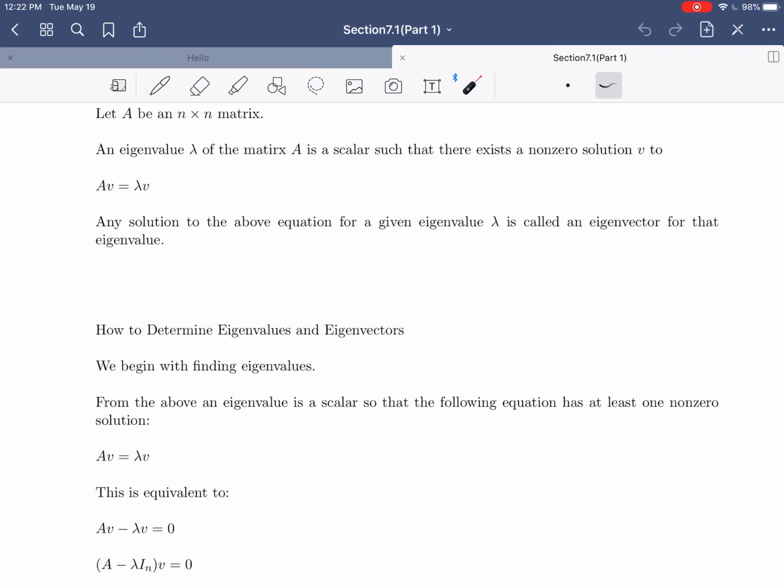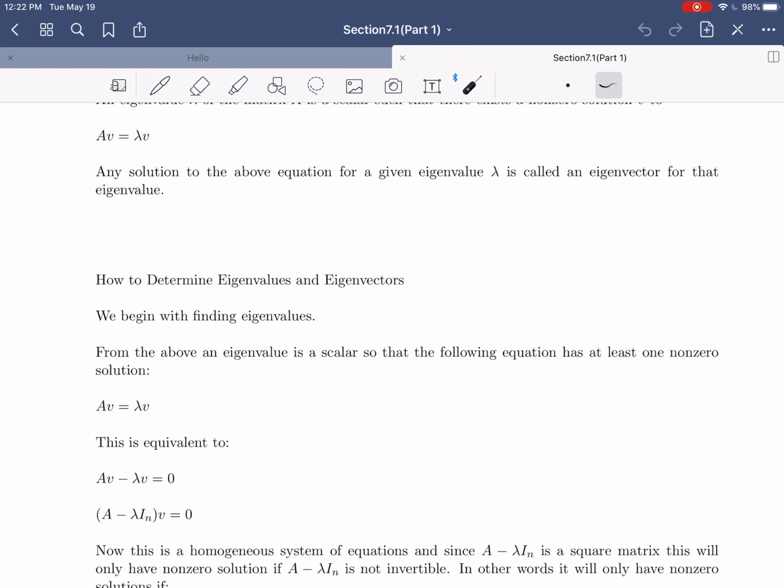All right, so let's talk about how you would determine eigenvalues and eigenvectors. If you remember back from Chapter 3 when we first introduced you to the concept of an eigenvalue, we know that it's going to be somehow related to the determinant. But now that we have a little bit more formal definition, let's see how that alternate definition that we saw back in Chapter 3 actually comes about.